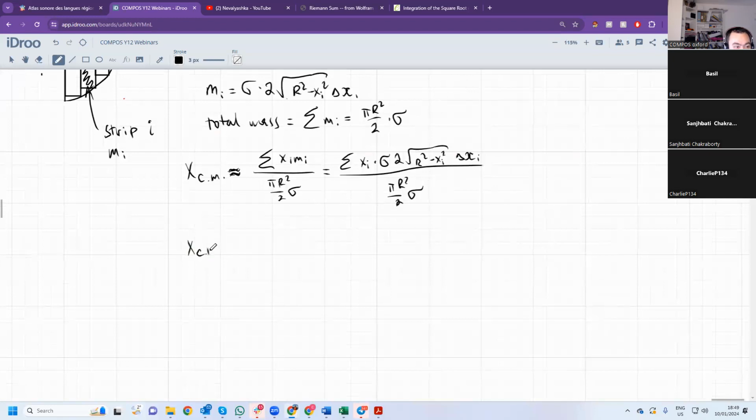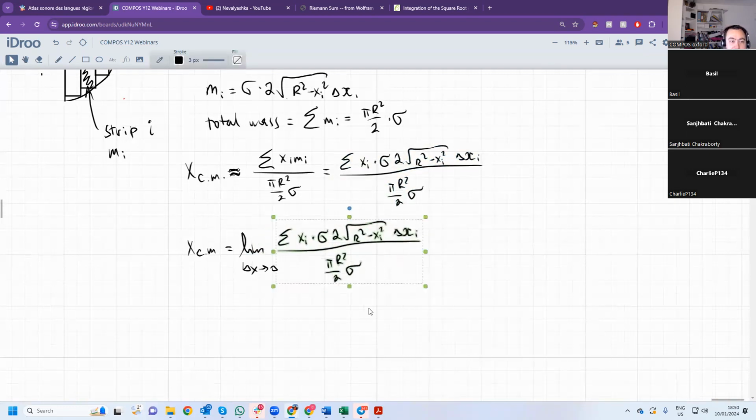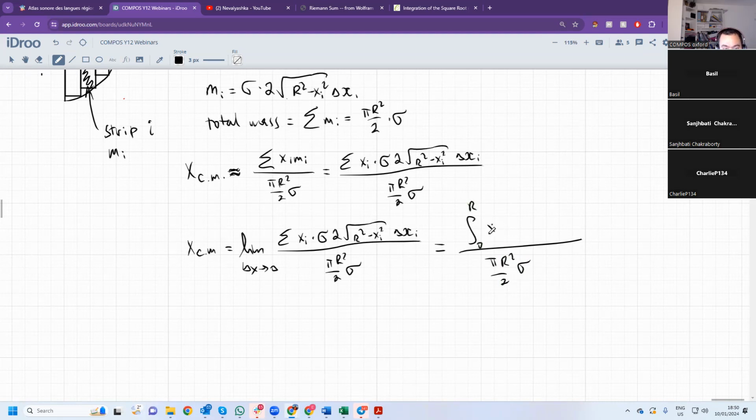So x center of mass is the limit as delta x tends to 0 of this expression, which is the integral pi r squared over 2 sigma from 0 to r of x sigma multiplied by 2 square root r squared minus x squared. We don't need i anymore, and delta becomes d dx.